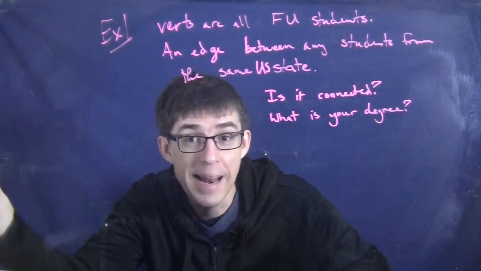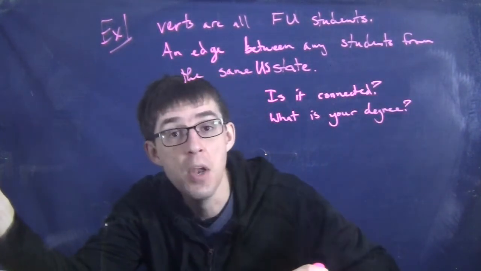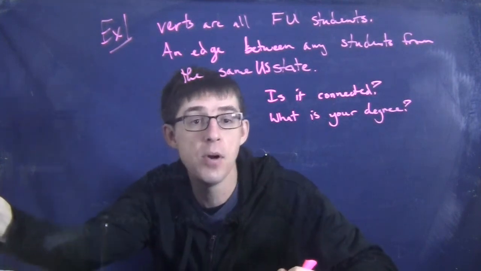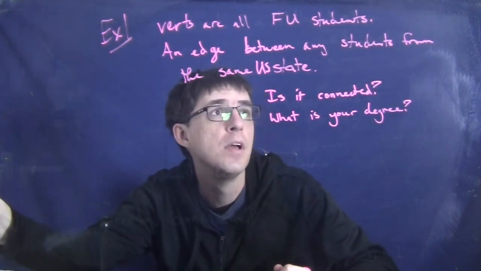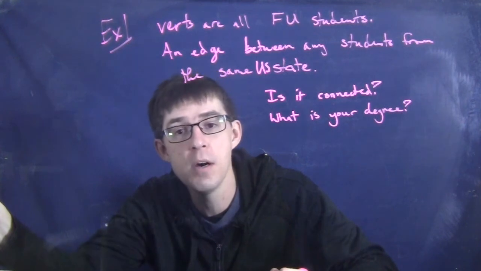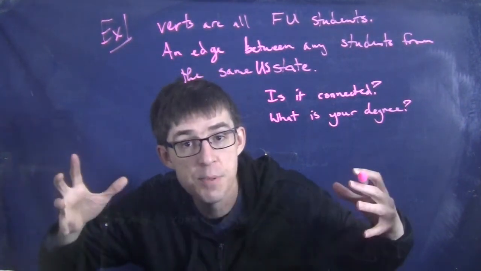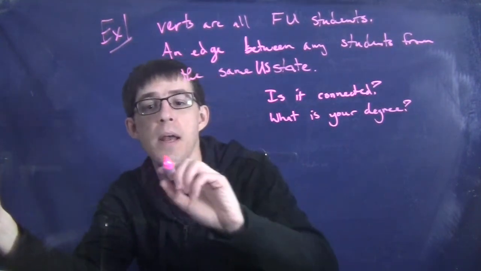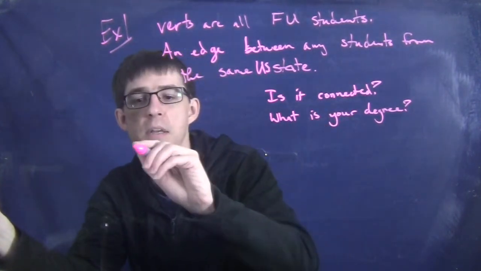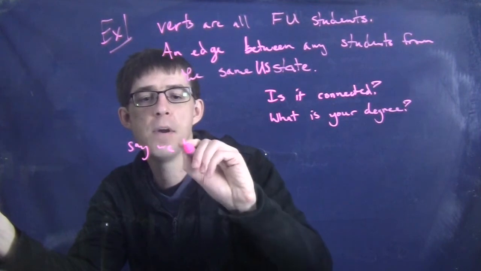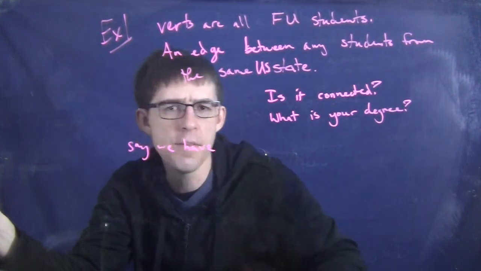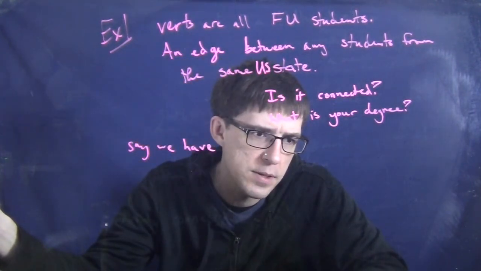All right, I hope you thought about it, and I hope you decided. The answer to the first question is no, it is not connected. That's because in this graph, you have a whole bunch of students from a particular state, and there will be edges between all of them. How many students are there at Fairfield? Something like 4,000, at least undergrads.